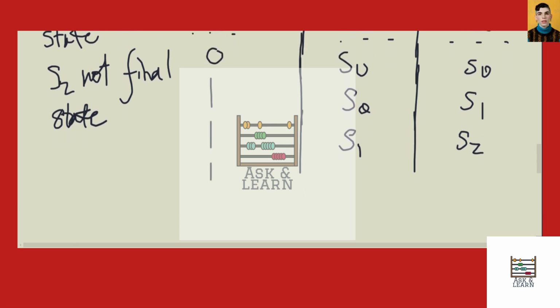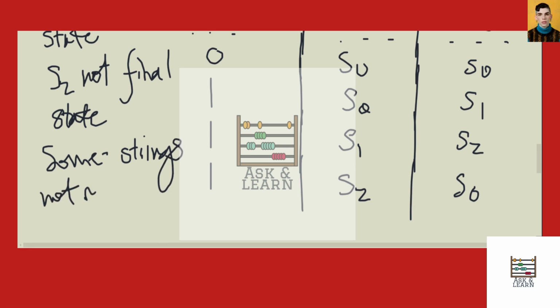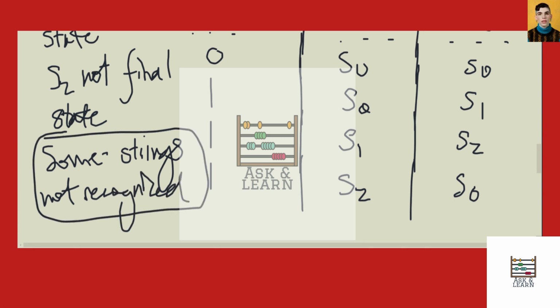And now let's add just another 1 to see what happens. Our start state is S2, so our next state is going to be S0. This string would be recognized because S0 is a final state. And so we see that some strings are not recognized. And if you wanted to be precise about this, we would say that strings with a number of ones not divisible by 3 are not recognized.